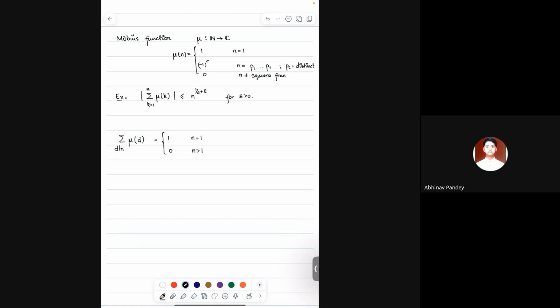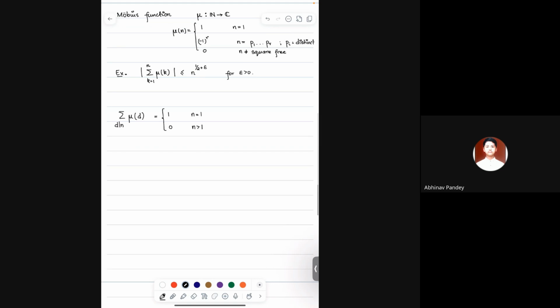So what do I mean by this? I'm given an integer n, and I look at all the divisors of n, so 1 and all the divisors of n up to n. And I look at the Mobius function of all the divisors, and I add them up. That's what the left-hand side is. The claim is this is 1 if your input is just 1, and it is 0 if you put in any integer which is bigger than 1.